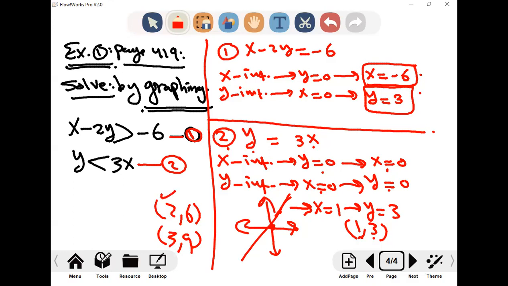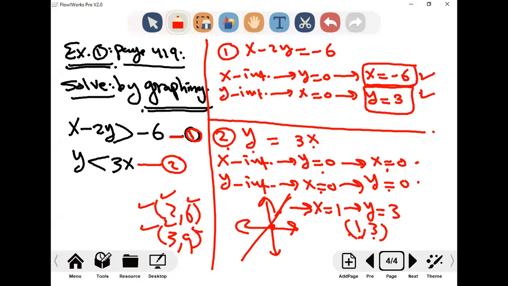If you guess any number for x, you will find the value for y, then you have a point. You need at least 2 points. If you have 2 different points, ready. If the 2 intercepts are different, ready to graph. But if the 2 intercepts are the same and both zeros, guess any other number for x, find y, then prepare your answer. Is this clear?